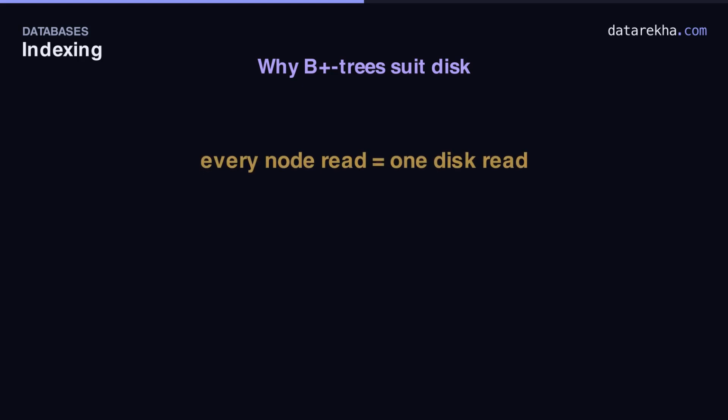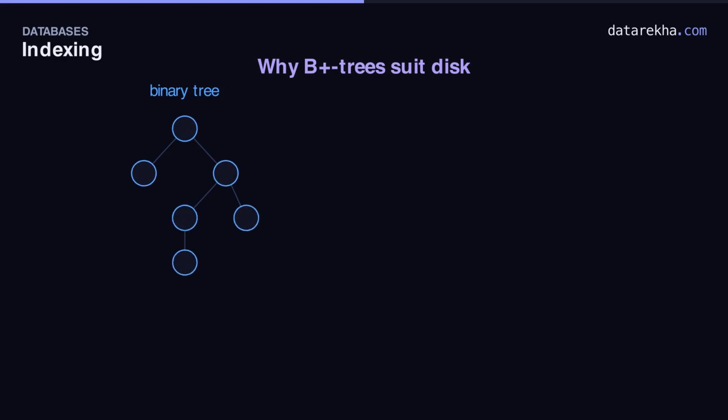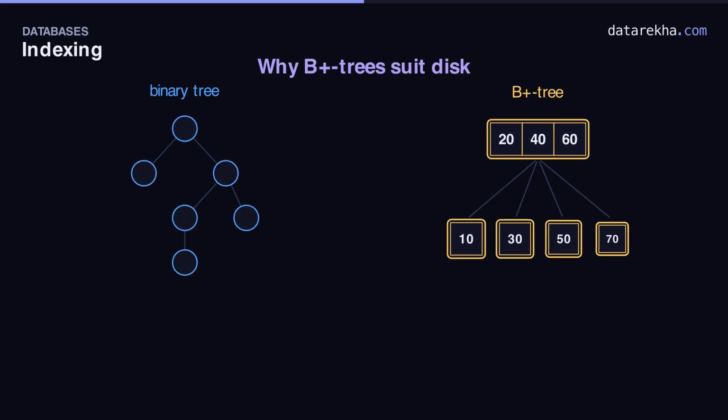So why a B plus tree, and not the plain binary search tree from our trees lesson? The answer is disk. Every node read is a disk read, and disk reads are slow, so we want as few levels as possible. A binary tree splits two ways at each node, so over many keys it grows tall. Many levels, many disk reads.